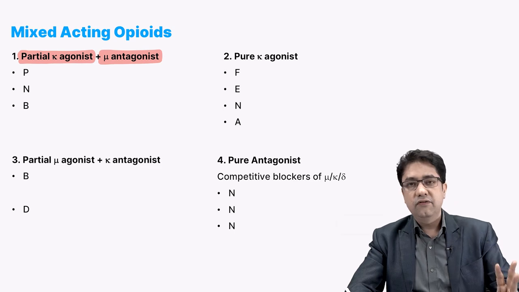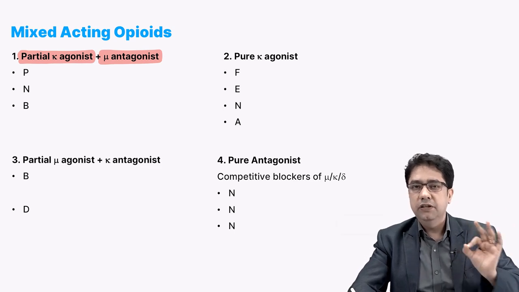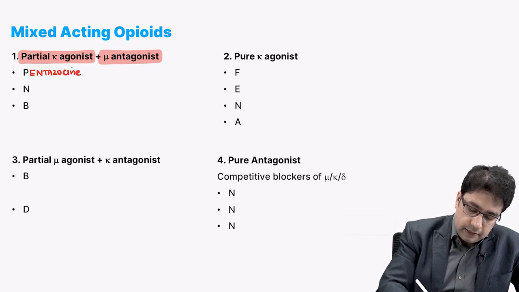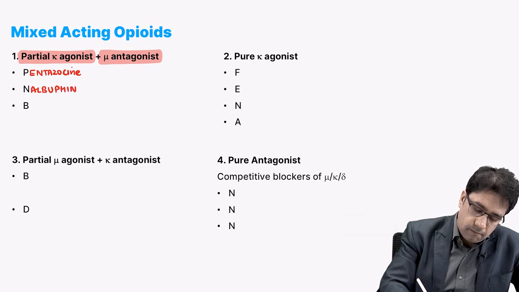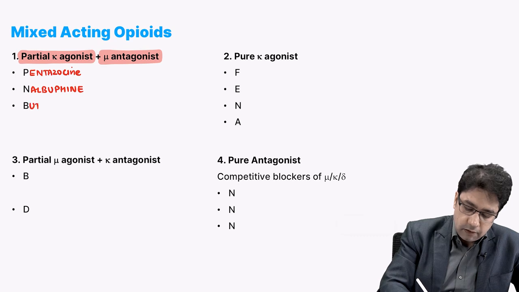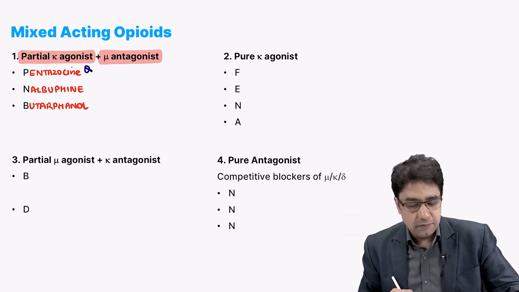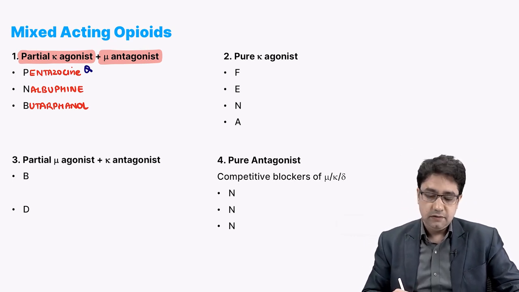In this class we have three drugs, PNB, Punjab National Bank: P for pentazocine, nalbuphine and butorphanol. We are going to discuss these drugs one by one, but among them, try to remember pentazocine. It has been asked commonly, it's a partial kappa agonist.